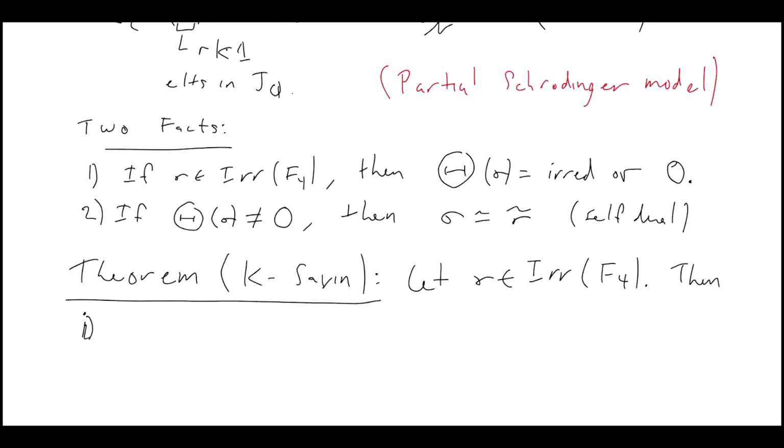First, the dimension of the space of Spin 9 invariant linear functionals is at most 1.